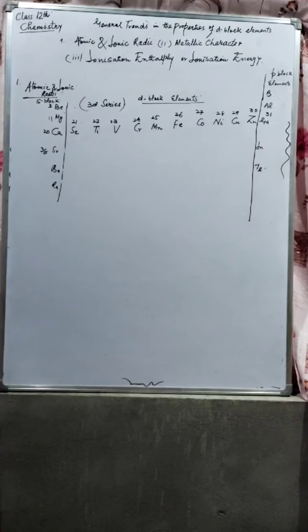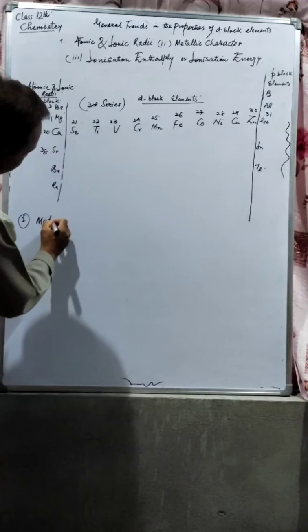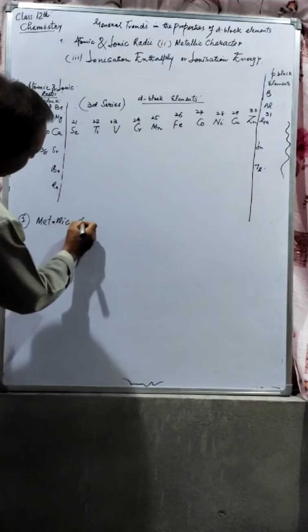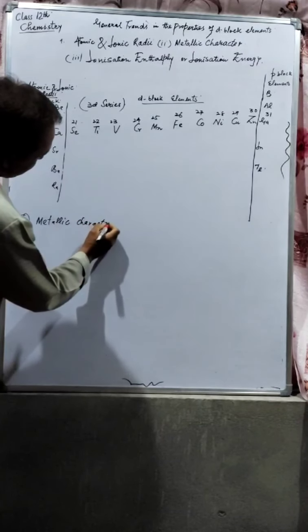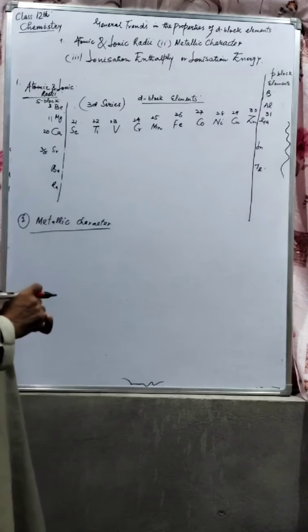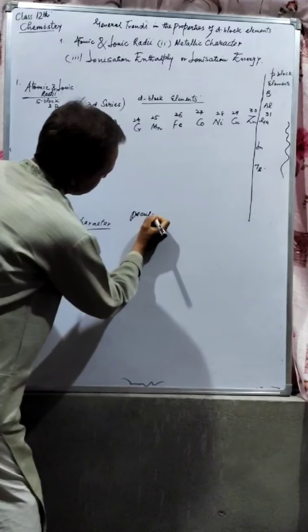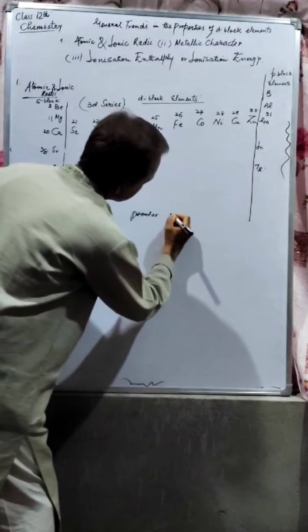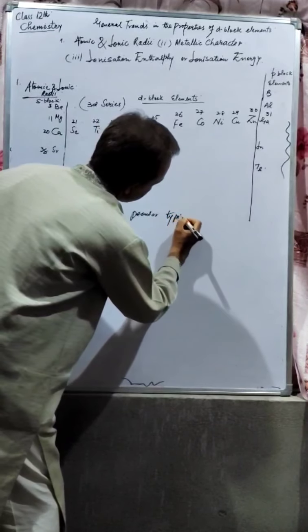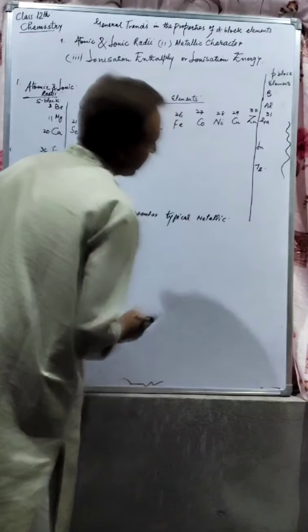Now the second is metallic character. Except mercury, which is liquid, all the transition elements show a typical metallic structure.